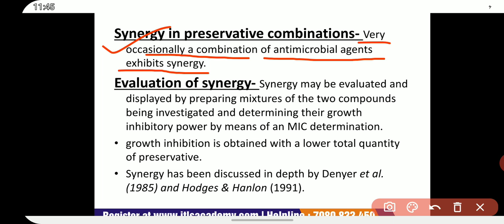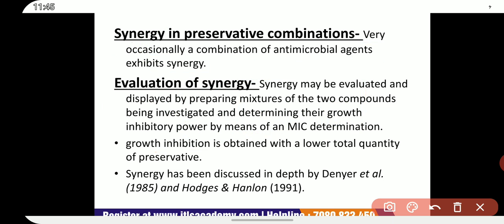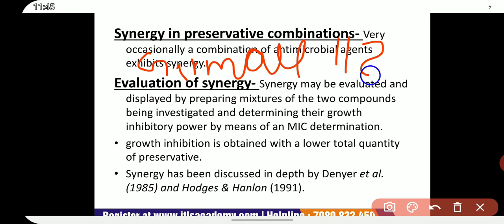We can say that synergy is a procedure in which two drugs are combined and finally act on a broad spectrum. This can be seen with Germall 115 and paraben, which we have discussed in an earlier slide.